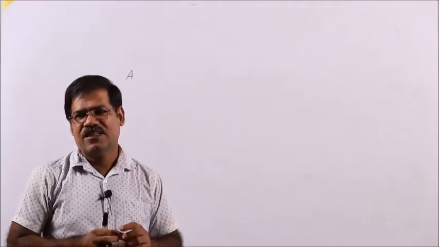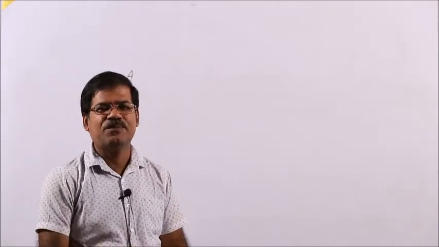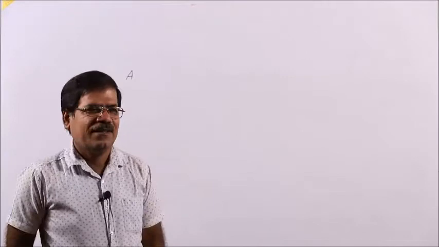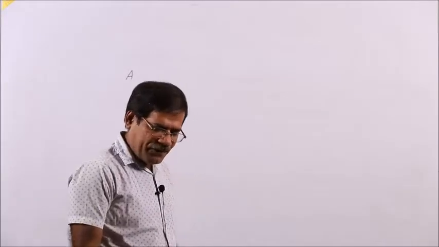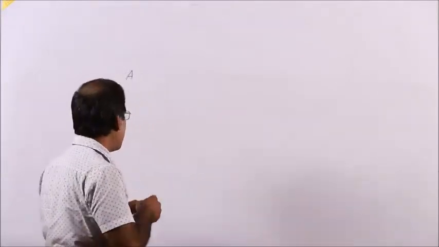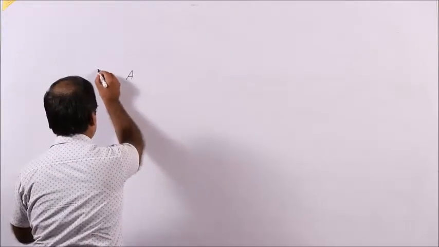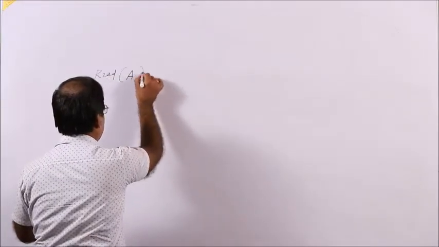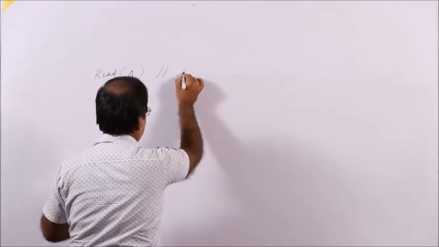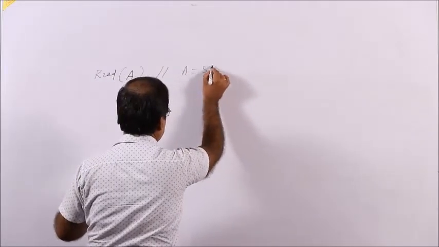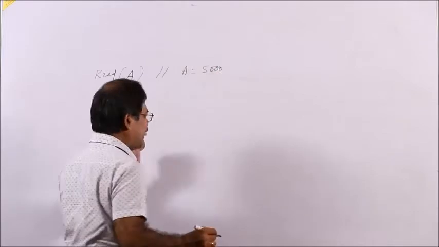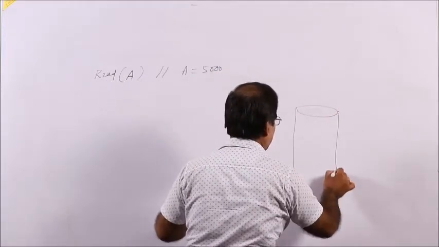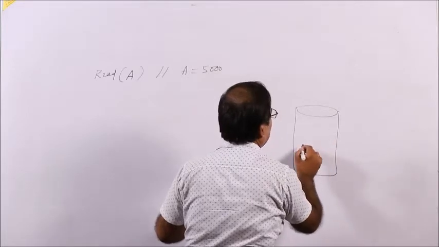Suppose my account balance is 1000 rupees and I want to withdraw 3000 rupees. It is not possible. So before withdrawing anything, the account will be checked. That is called a read operation. Read account A: let A have 5000 rupees. Where is it stored? In a database, or a database server maybe.